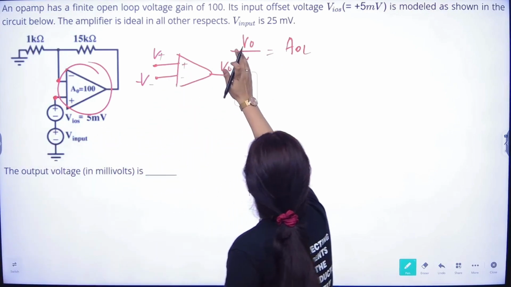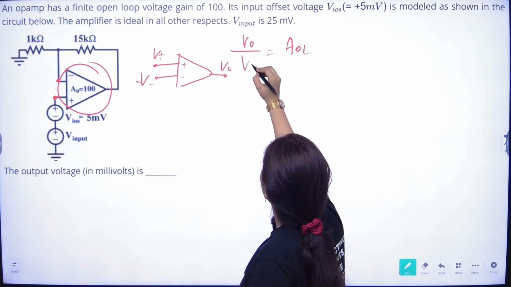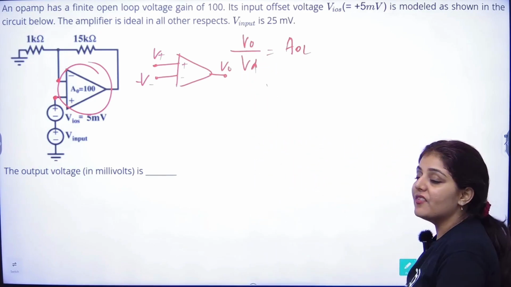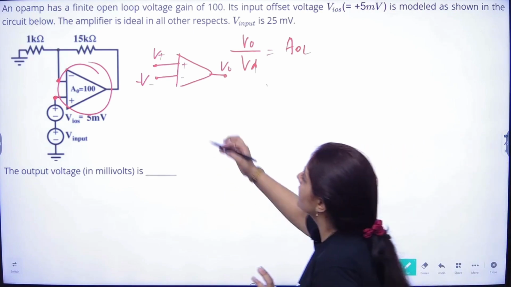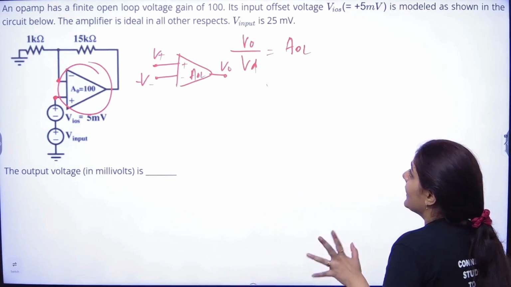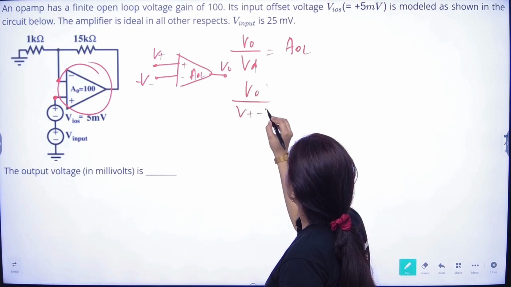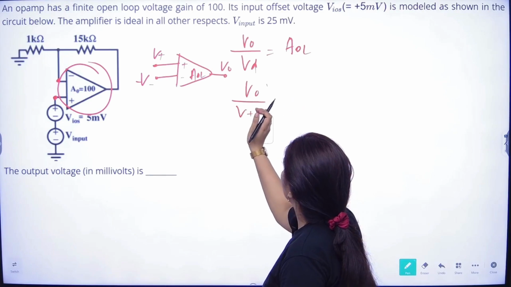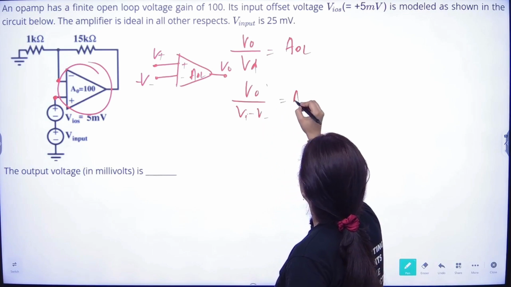This is how an op-amp looks. And if I want to find out the open loop gain of an op-amp, that will be V0 divided by the differential voltage Vd, which is equal to the open loop gain AOL. That is V0 divided by V positive minus V negative, equal to open loop gain.